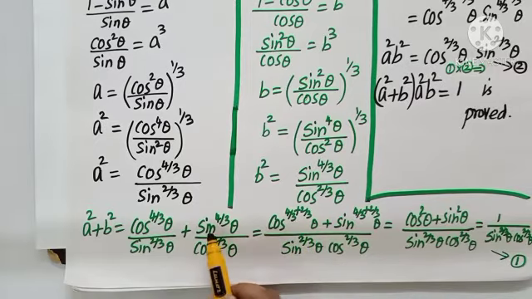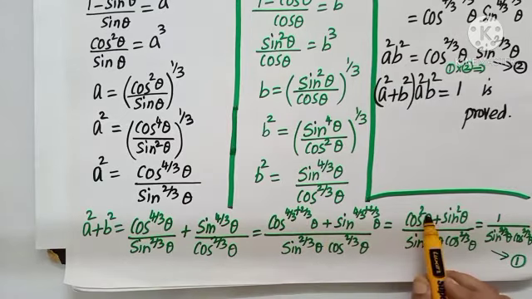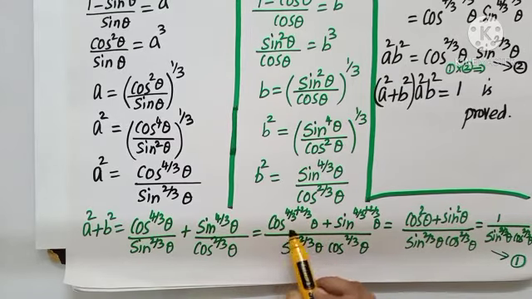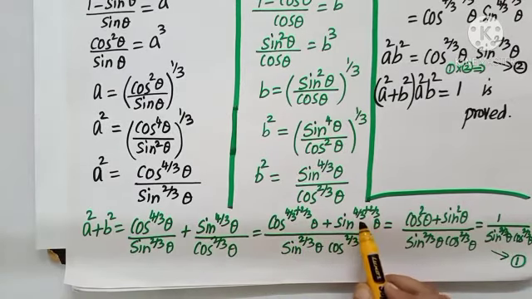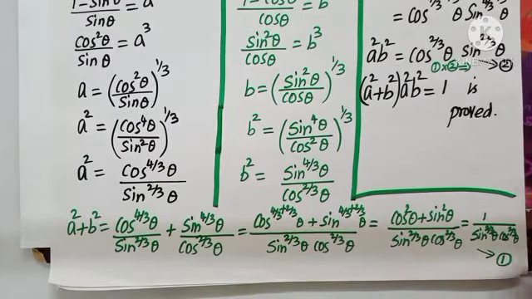Similarly, sin into sin, add the powers. 4 by 3 plus 2 by 3 is 6 by 3, that is 2. So this reduces to cos square theta and this reduces to sin square theta. The denominator we retain as it is. Cos square plus sin square is 1. So I get a square plus b square is 1 by sin power 2 by 3 theta into cos power 2 by 3 theta.